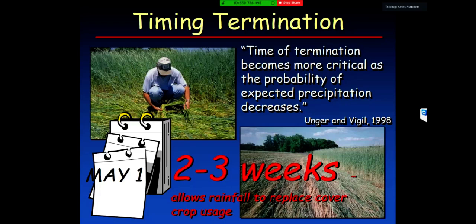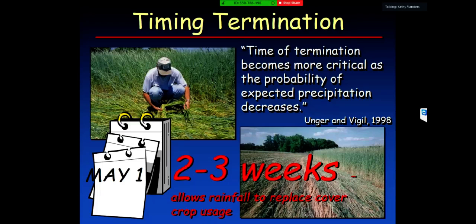Another thing I already mentioned is these cover crops are green and growing. We've seen soil moisture depletion down to 2 or 3 feet under a good wheat cover crop. So as the quote here says, the time of termination is more critical as the probability of expected precipitation decreases. If no rain is in the forecast for the next week or two, and we haven't had rain recently, it may be a good idea to go ahead and terminate that cover crop maybe a little bit earlier.